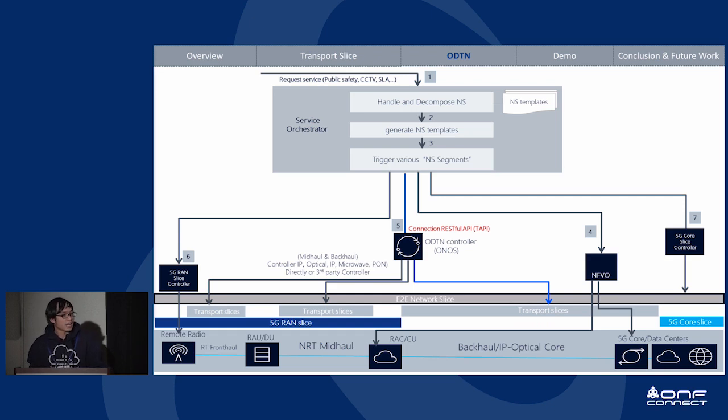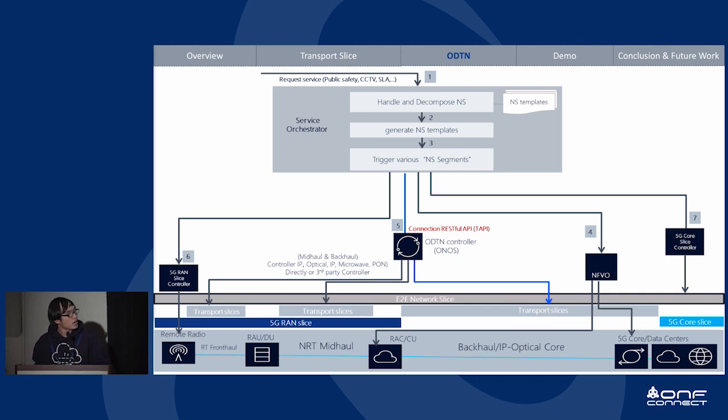Then from that it generates the network slice template, the deployment templates. It could be in TOSCA, YAML, JSON, whatever, depending on the implementation of your orchestrator. Then you send the network slice segment request to each network domain, starting from the transport domain, then the RAN domain, and the core domain.